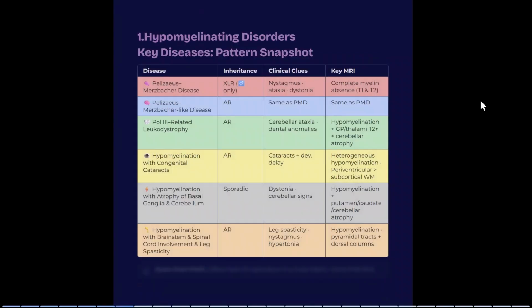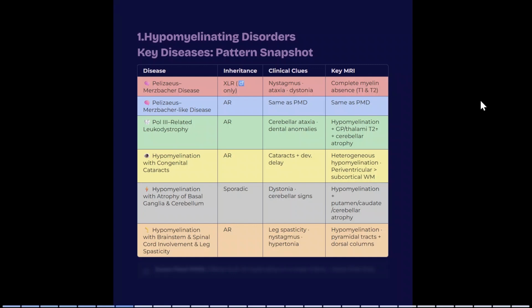And now let's see the other types and the features of PMD as well as the hypomyelinating disorders. The types include PCD, PMD, then we have PMD-like disease, and Pol3 related disease, then we have hypomyelination with congenital cataract, hypomyelination with atrophy of basal ganglia and cerebellum, and hypomyelination with brainstem and spinal cord involvement and leg spasticity. So when it comes to hypomyelinating disorders, the main disease that should come into your mind is PMD.